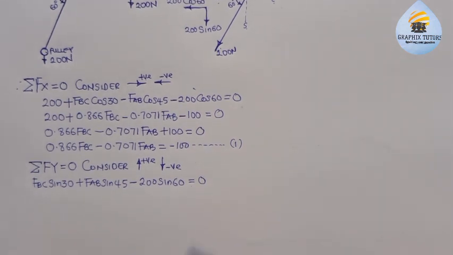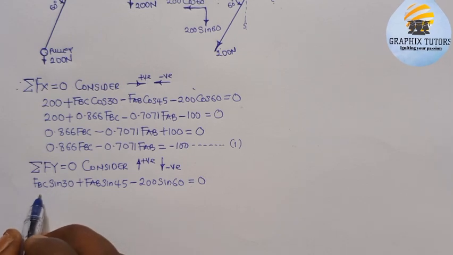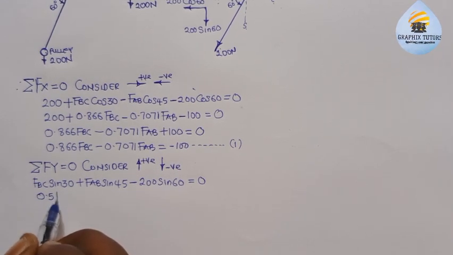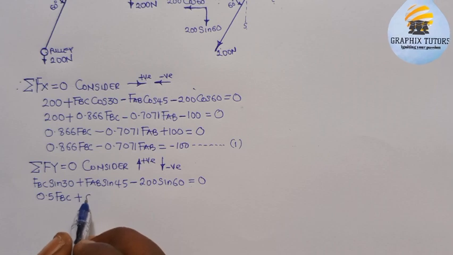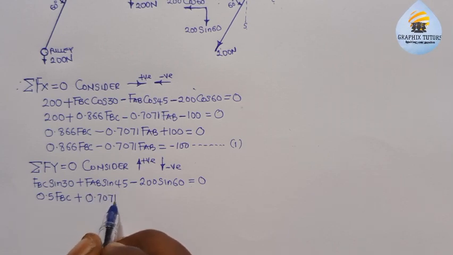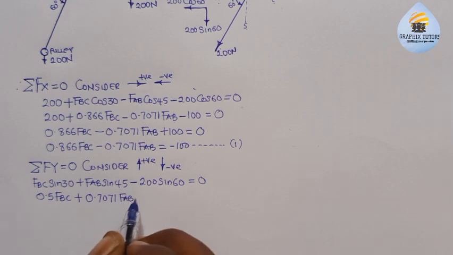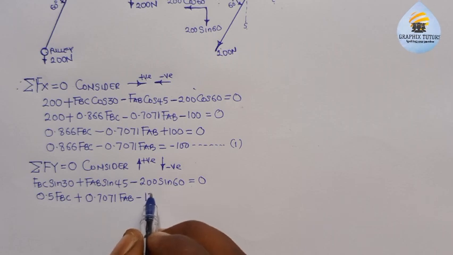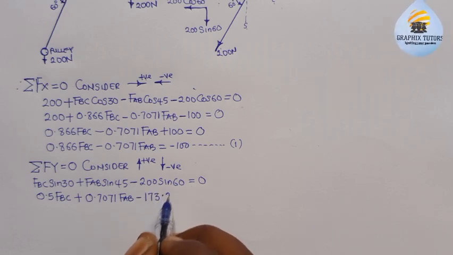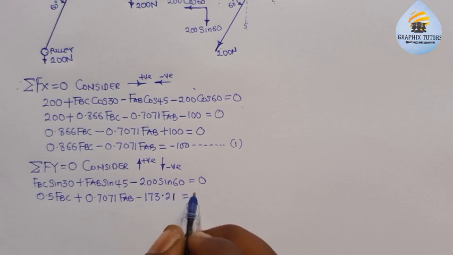So sine 30 is 0.5, so 0.5 times FBC, plus sine 45 is 0.7071 times FAB, minus 200 sine 60, which is going to give us 173.2. So we write 173.21. That equals to 0.